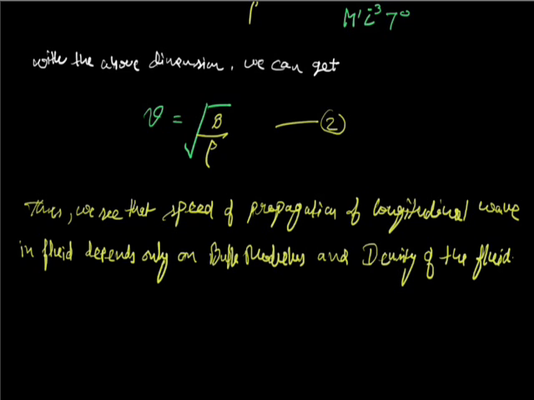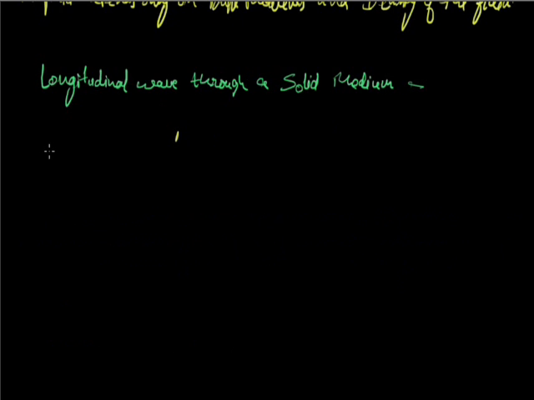Now if we consider the case of longitudinal wave through a solid medium. In case of solid bars, we are taking here the bars which are solid and have some length.